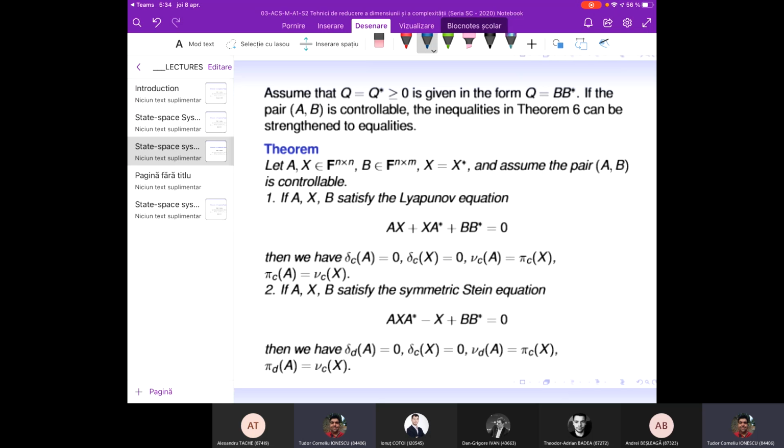If the pair AB is controllable, then the inequalities in the previous theorem can be strengthened to equalities, and furthermore, we can draw a conclusion about the rank of the solution X.